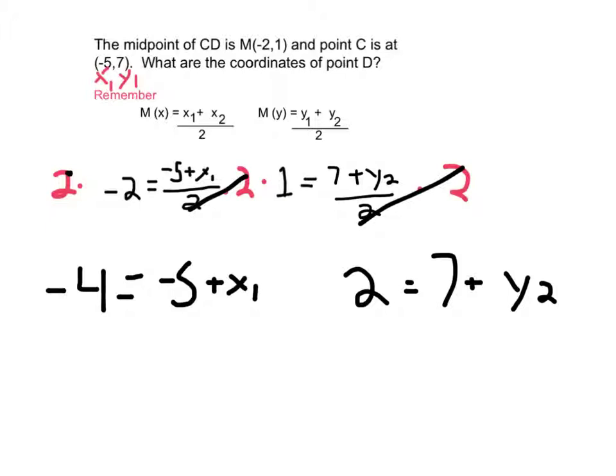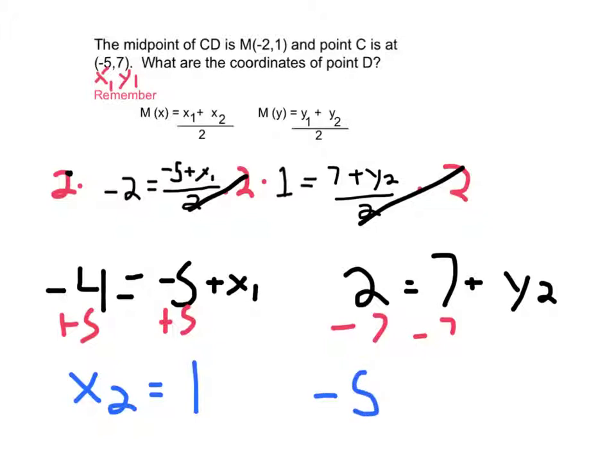I just add 5 to each side, plus 5 over here, plus 5 over here. I subtract 7 from each side, minus 7, and I end up with my x2, which is negative 4 plus 5, that is 1. And I end up with my y2, which is 2 minus 7, is negative 5, and that is y2. Now all I need to do is put those in the correct position, 1 comma negative 5.